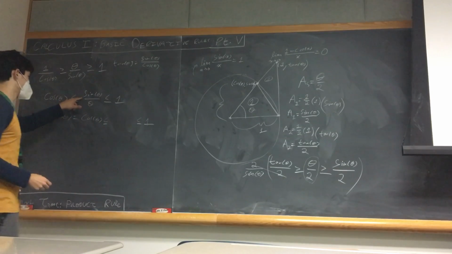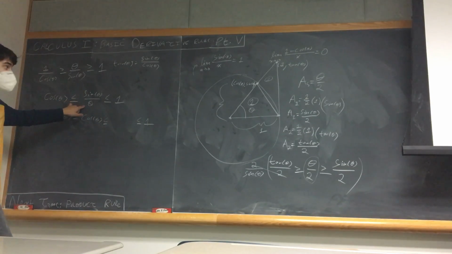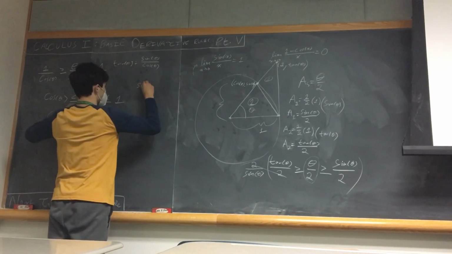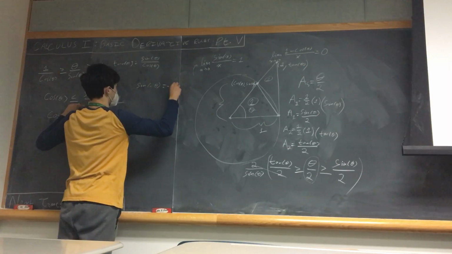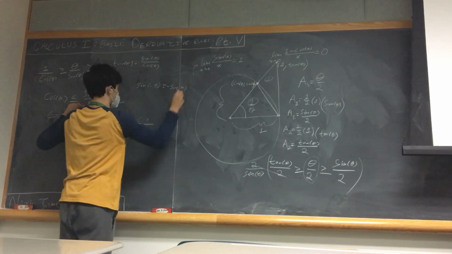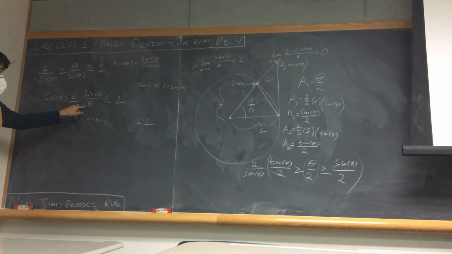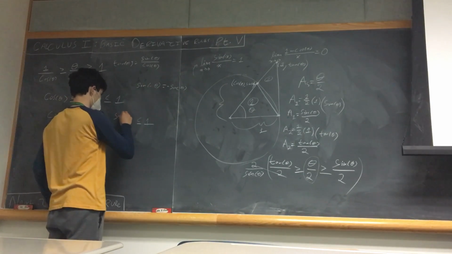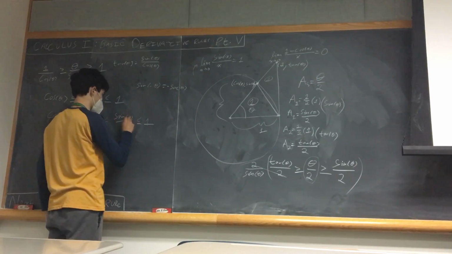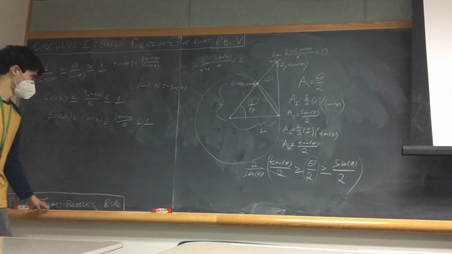And sine of negative theta over negative theta: we know that sine of negative theta is equal to negative sine of theta, over negative theta. The negatives cancel out and we still get sine theta over theta.